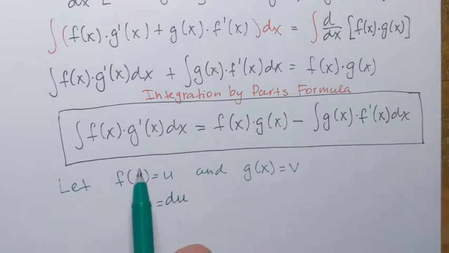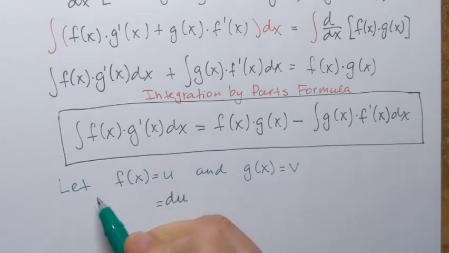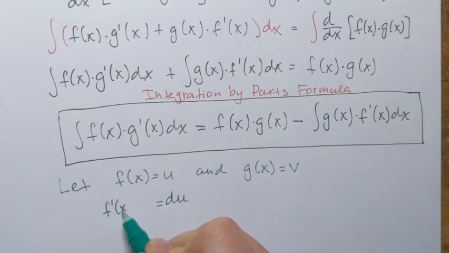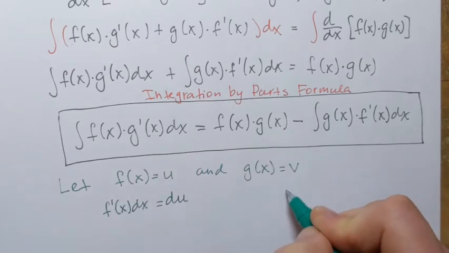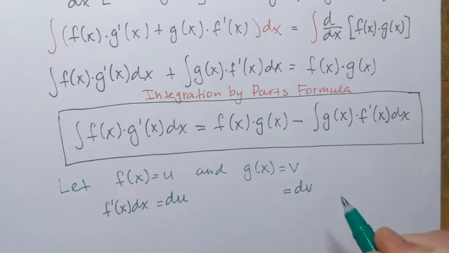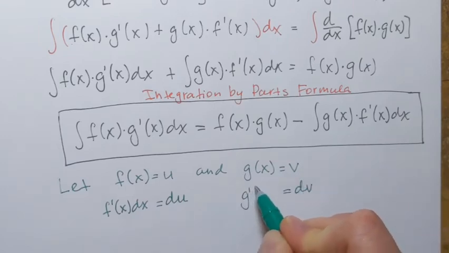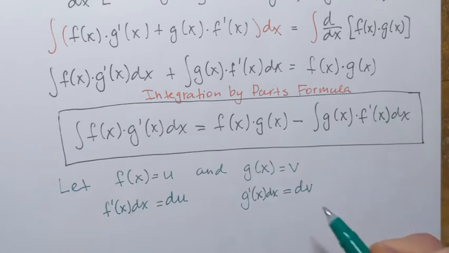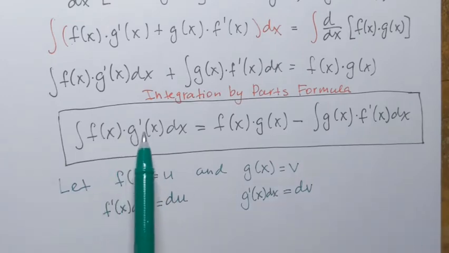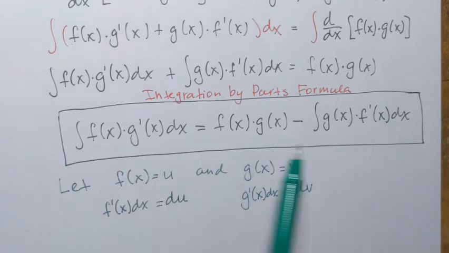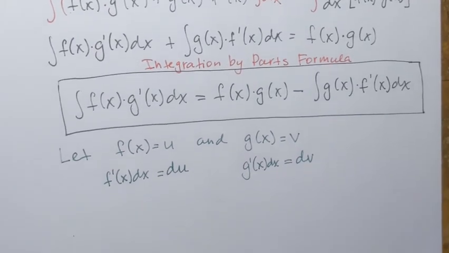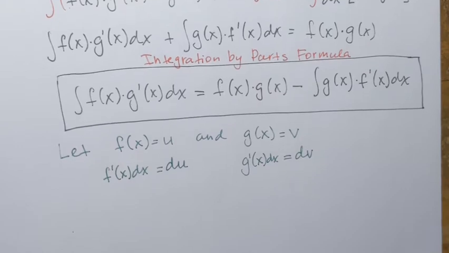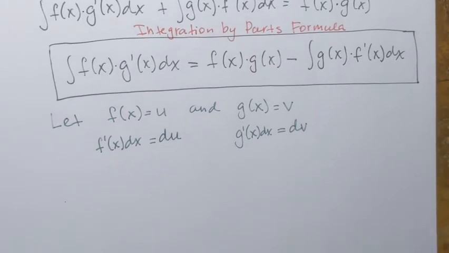So the differential of u is the derivative of f dx, so it's f prime x dx, and then the differential of v is g prime of x dx. And now we have everything we need to rewrite this formula using u and v, including du and dv. So let's see how it's going to look now.